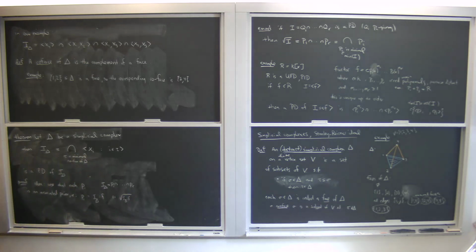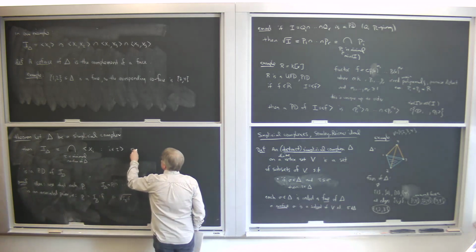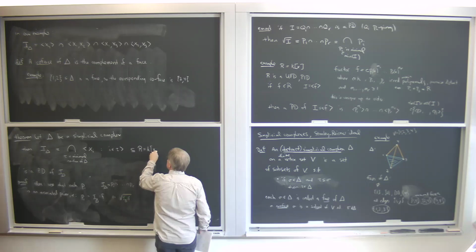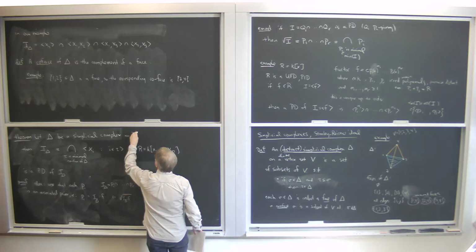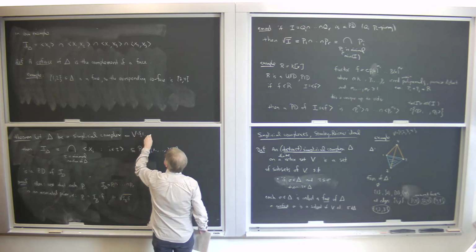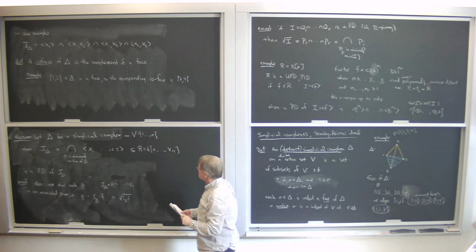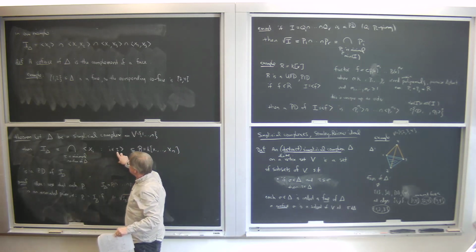Going back to the statement, what is xi here? Is that a monomial or is this a set of variables? That's a good question. This is in the ring R, adjoin x1 to xn, and I should really say this is on V, which is the set 1 to n. Each of these ideals in the intersection is generated by some collection of single variables.